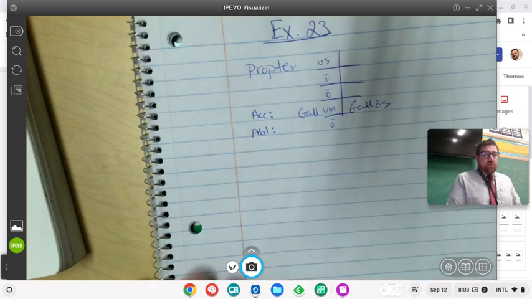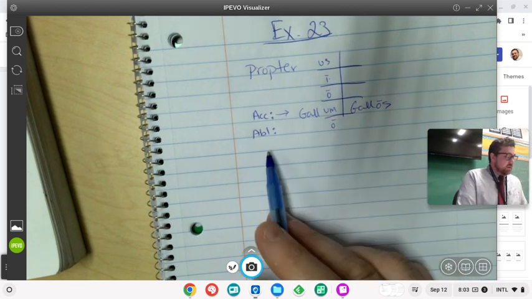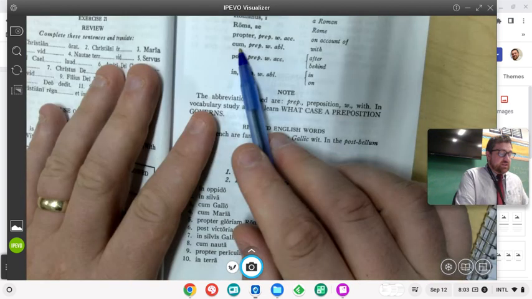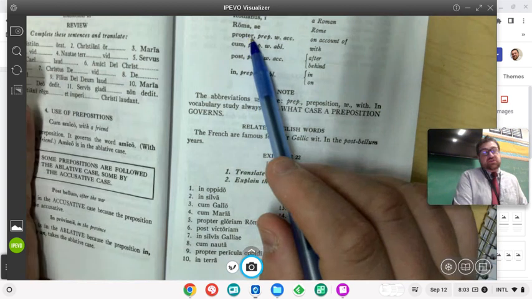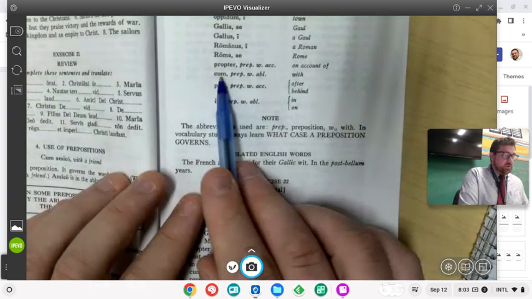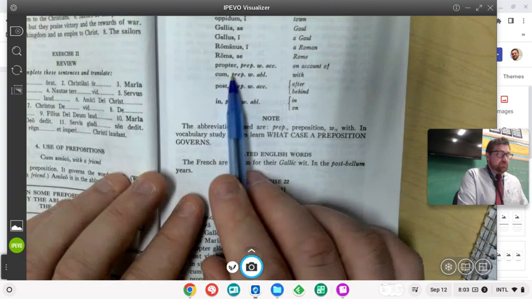So propter is a preposition with the accusative. We kind of began with an exception here, but most of them we're going to use the ablative with, and we're going to see that here. Actually, there are two prepositions that we're going to use from this list. So propter was the first one. Cum means with.